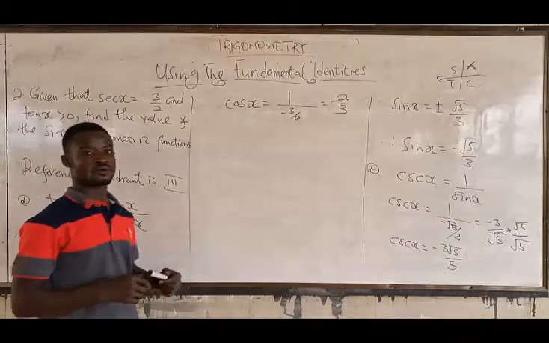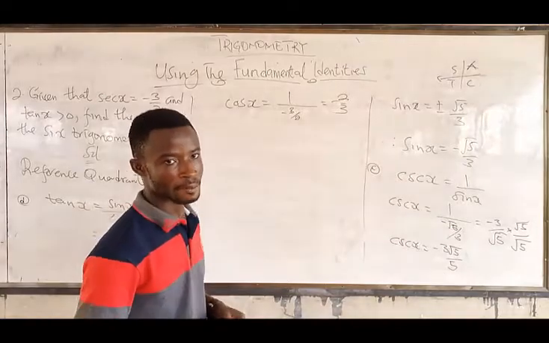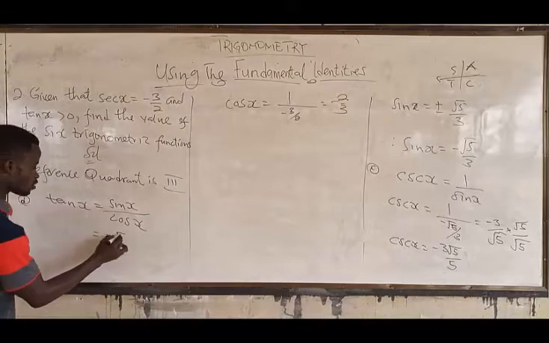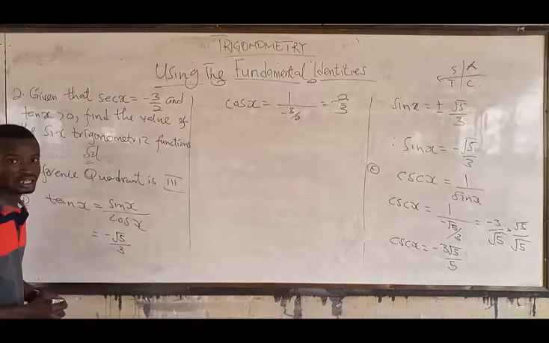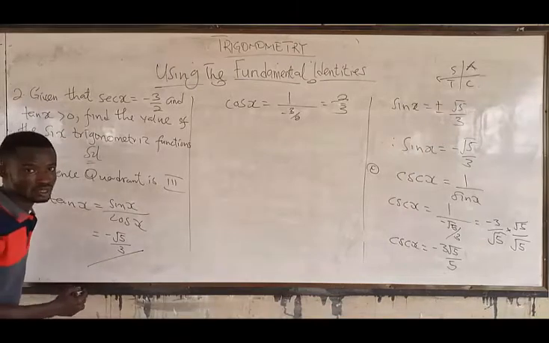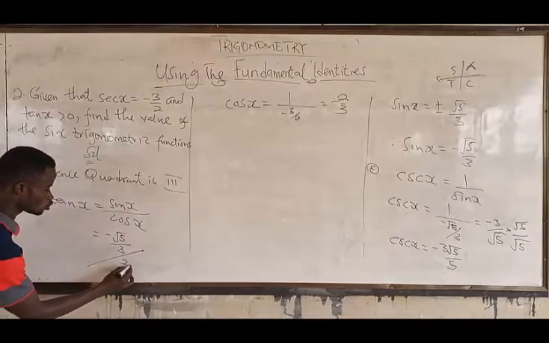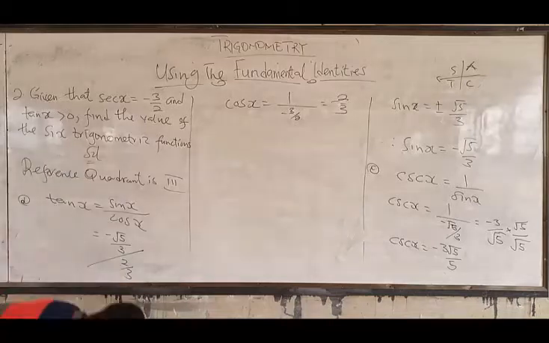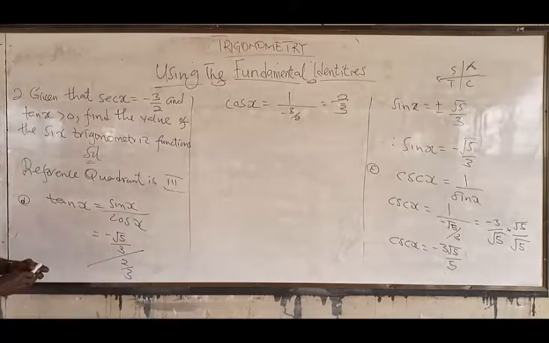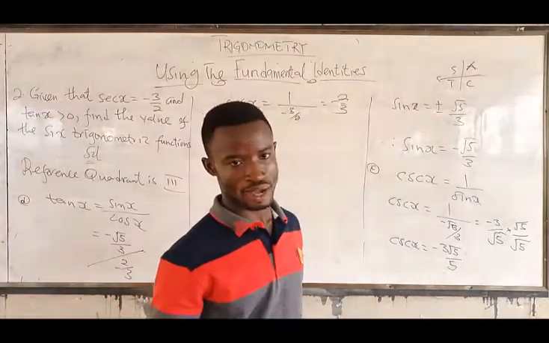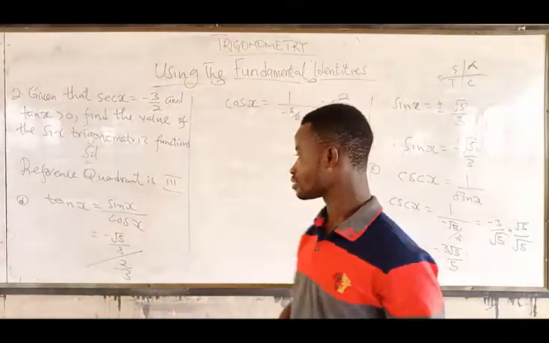We know sine to be negative square root of 5 over 3, and cos is negative 2 over 3.